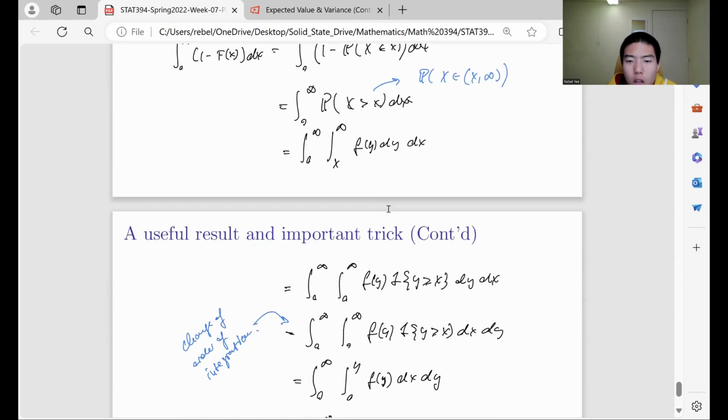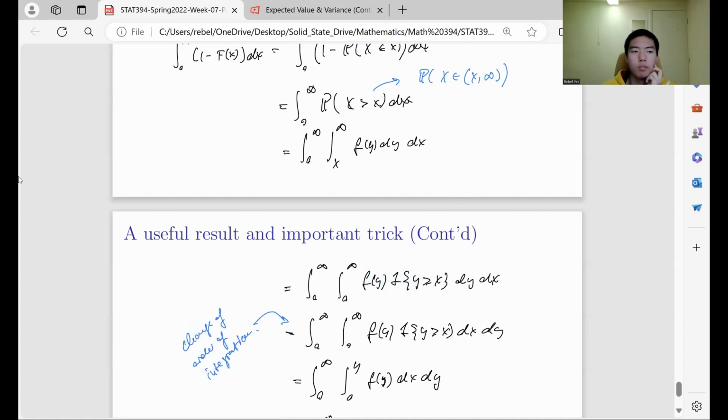After that, this can be viewed as 0 to infinity, and we just add an indicator function of y greater than x. So f_Y is equal to itself when y is greater than x, and equal to 0 when the indicator function becomes 0 because the condition is not satisfied.